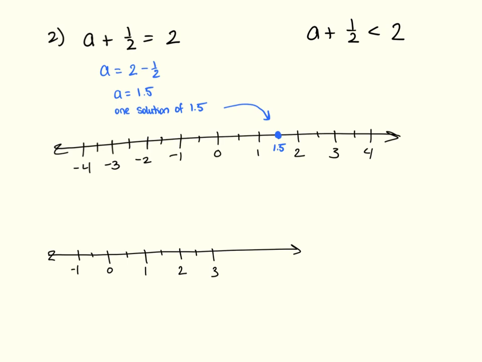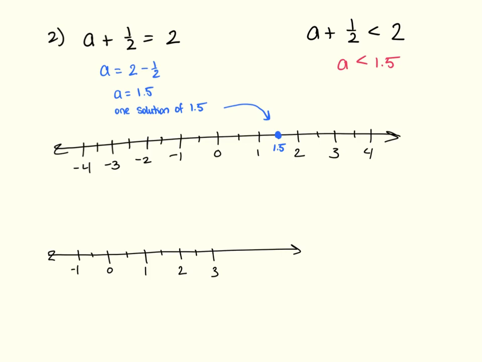Okay, so let's go ahead and solve the inequality the same way we did the actual equation. So we're going to end up with a on the left side of the equation, or the inequality, and then our solution is going to be on the right-hand side. So this has to represent all values less than 1.5.